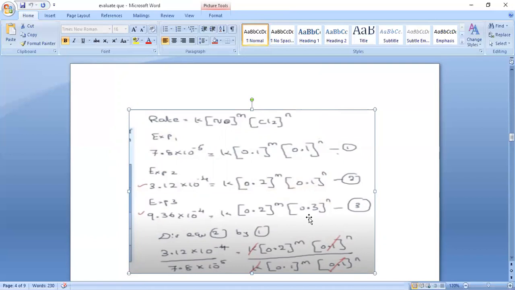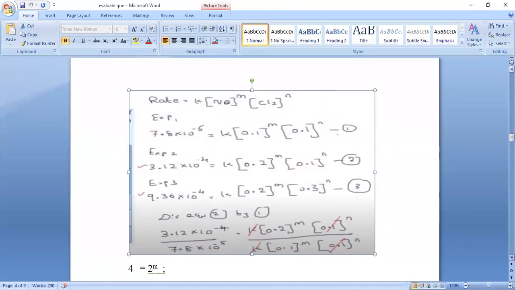So next we are going to divide equation 2 by 1. Equation 2 is 3.12 into 10 power minus 4 equal to k into 0.2 power m into 0.1 power n, divided by equation number 1, which is 7.8 into 10 power minus 5 equal to k into 0.1 power m into 0.1 power n.